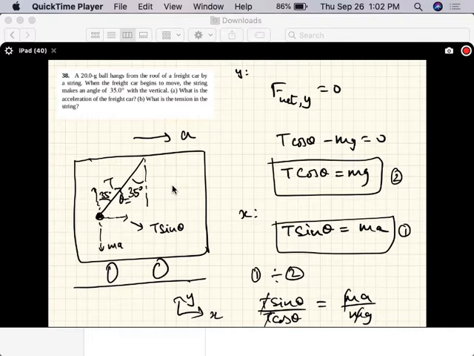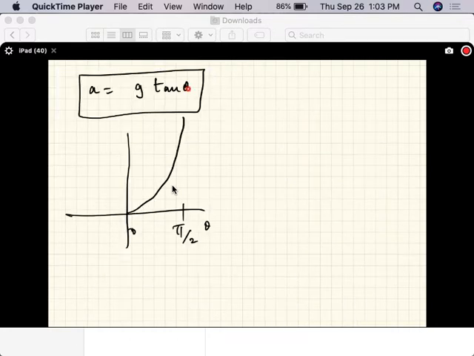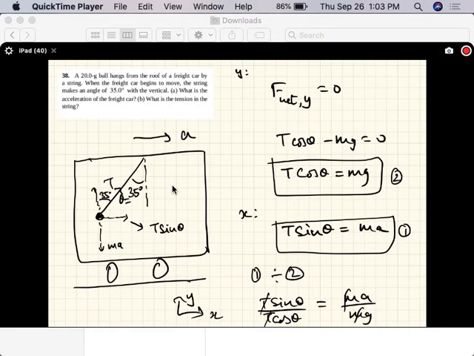Your acceleration is infinite. And here's the thing: if the ball is hanging straight down from the roof, if theta is 0, tan 0 is 0. Your acceleration is 0. So here's the accelerometer. This accelerometer is pretty good. Between 0 and 90 degrees, it gives you an acceleration of 0 to infinity. So that's the dial.